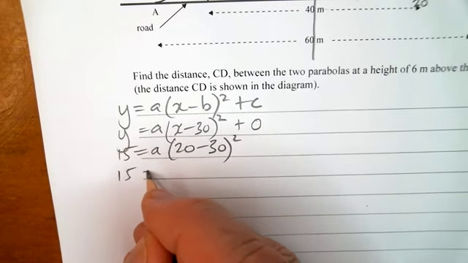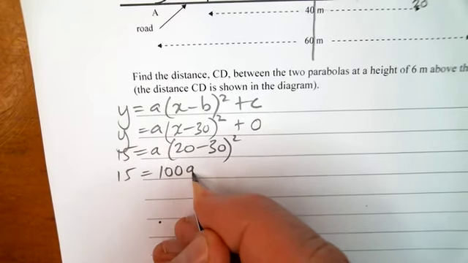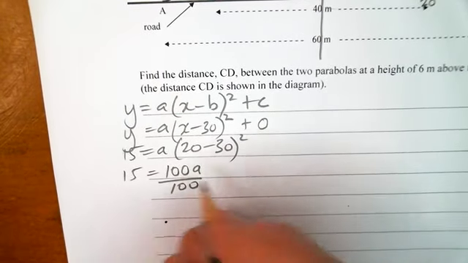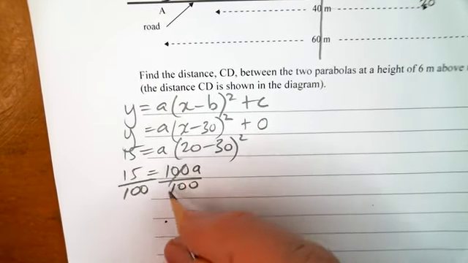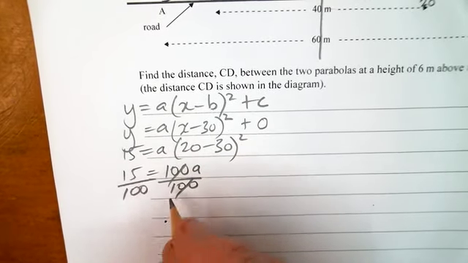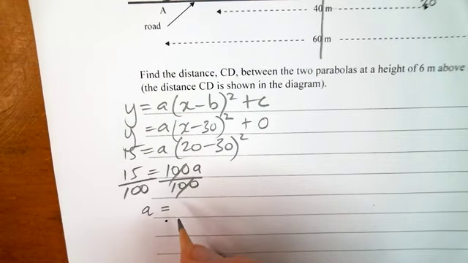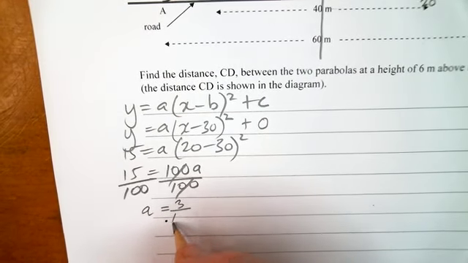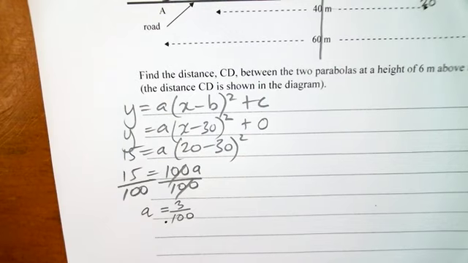So it's going to be 15 is equal to 100a. And if I divide this by 100, and divide 15 by 100, dividing by 5, it would be 3. So a is going to equal 3 over 100. There it is. That's my a value.